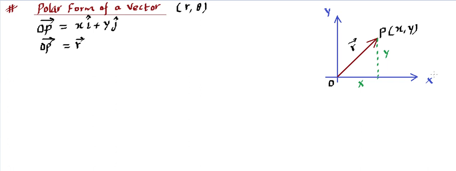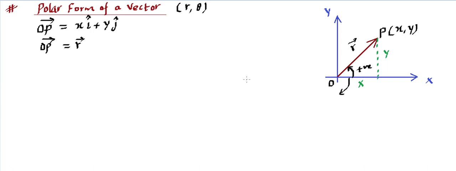From this positive x direction, if we are moving in anti-clockwise sense, then theta has to be read as positive. If we are moving from positive x direction in clockwise sense, then theta is going to be negative. This is how we will be assigning sign for this theta measurement.